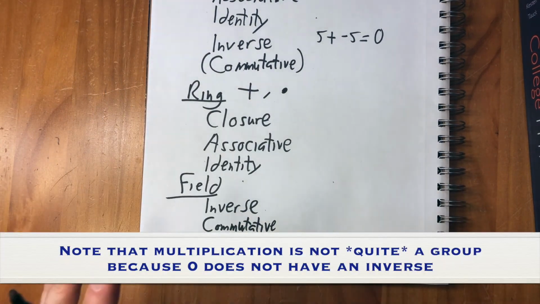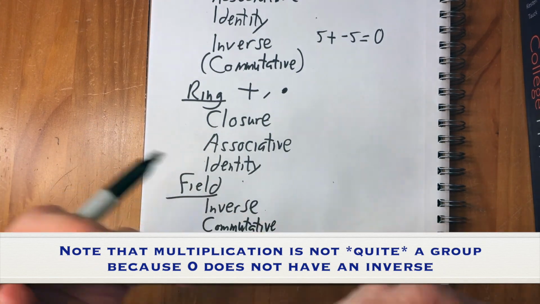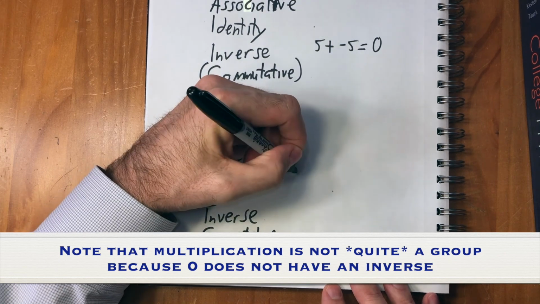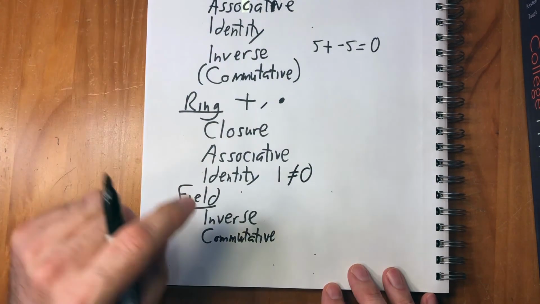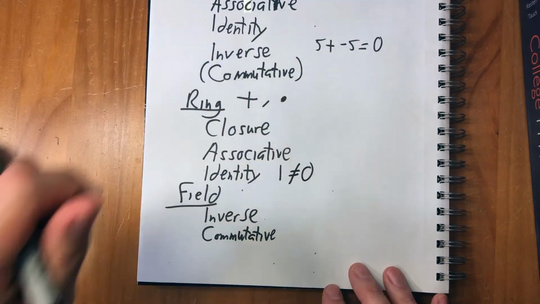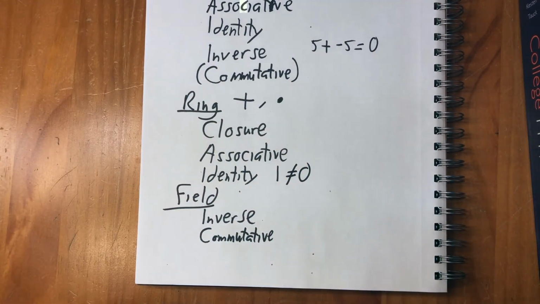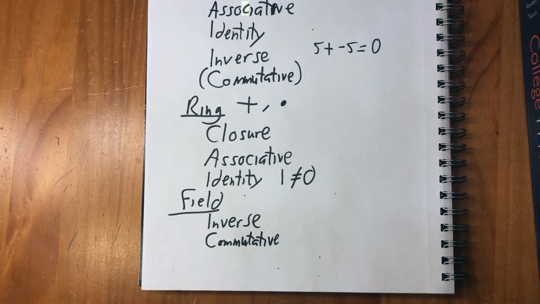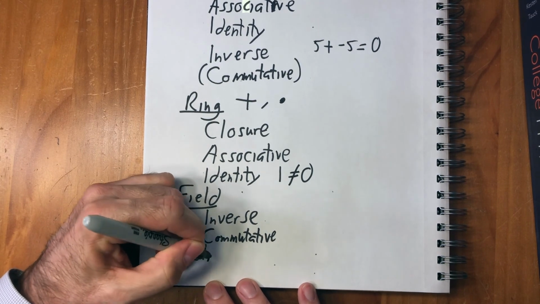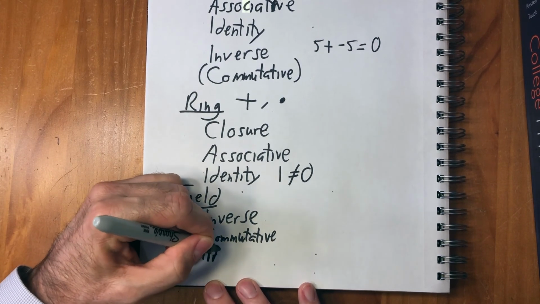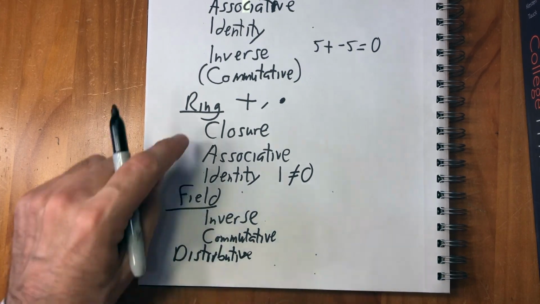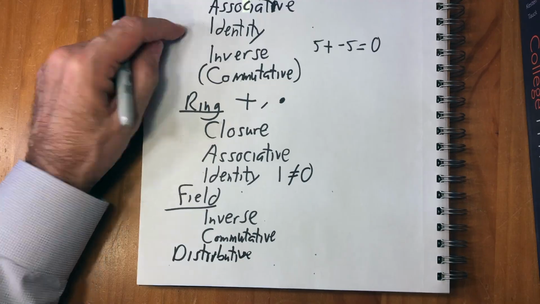Then in addition to that, there's more structure between them because the identity has to be something other than the additive identity. So there's going to be one identity for the multiplication, one identity for the addition. So that's what fields are. So we're going to go over the field axioms. Oh, and then in addition to that, the field is distributive. Multiplication is distributive over addition.